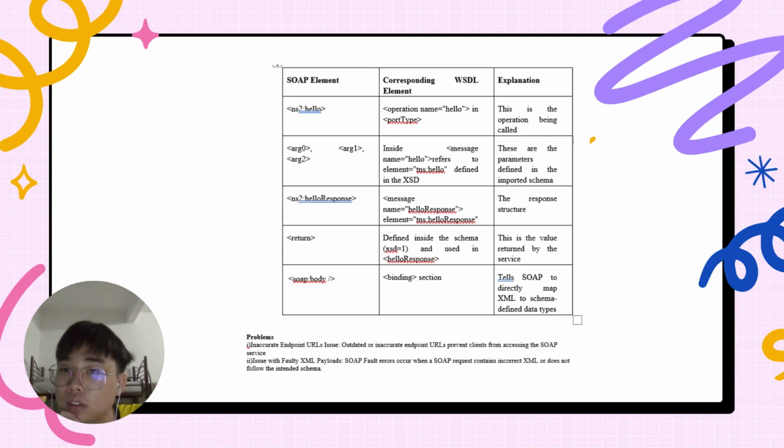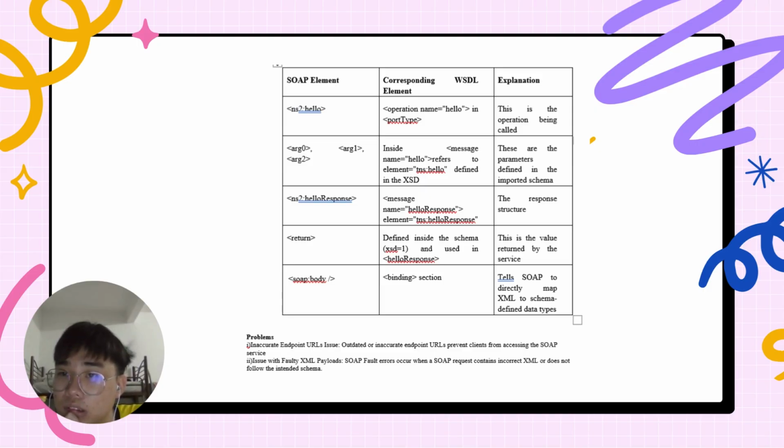The corresponding WSDL element is defined inside the schema and used in the hello response. The explanation is the value returned by the service.